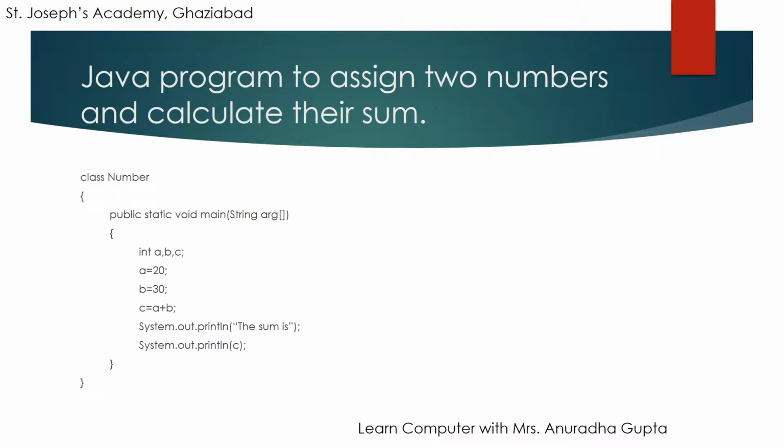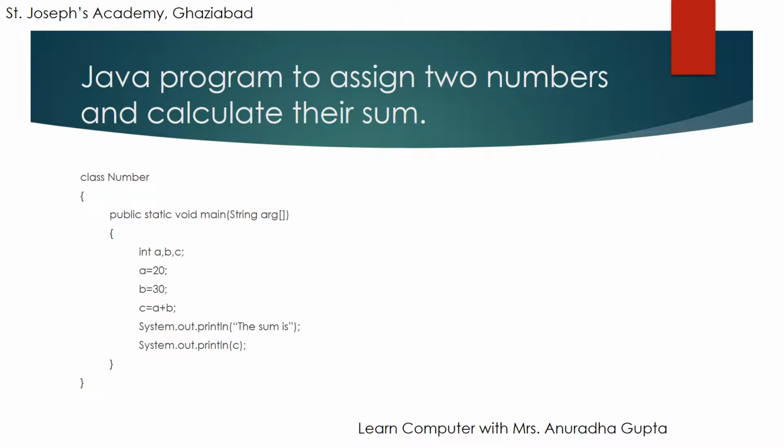Then we have done the calculation: c equals a plus b. In this program we have to find the sum of two numbers, so we have done it here in the third variable, c equals a plus b.